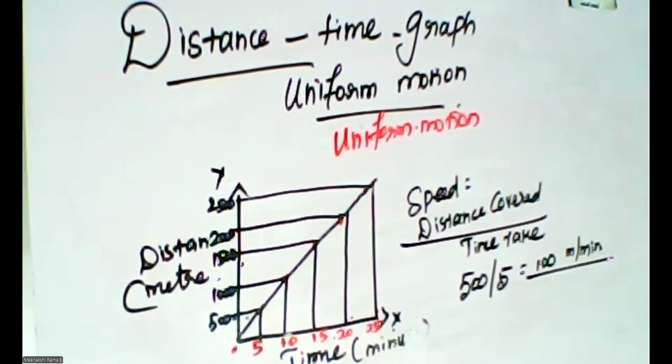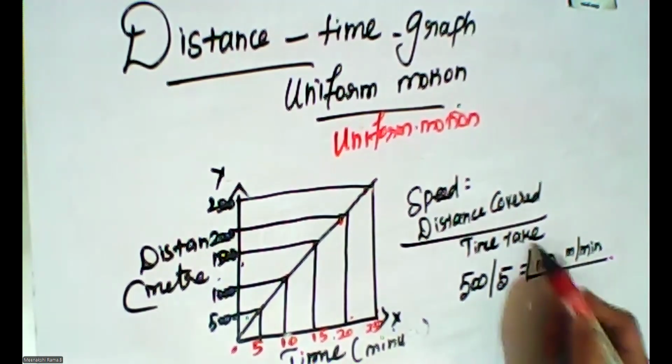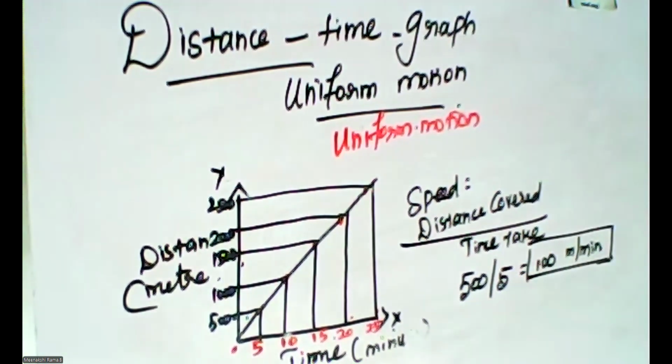So the speed is constant, that is, per minute he crosses 100 meters. So the uniform motion concept is explained with the help of this graphical data. Is it clear, students?